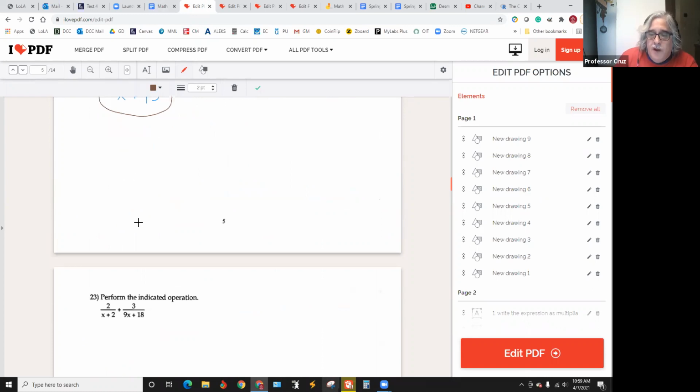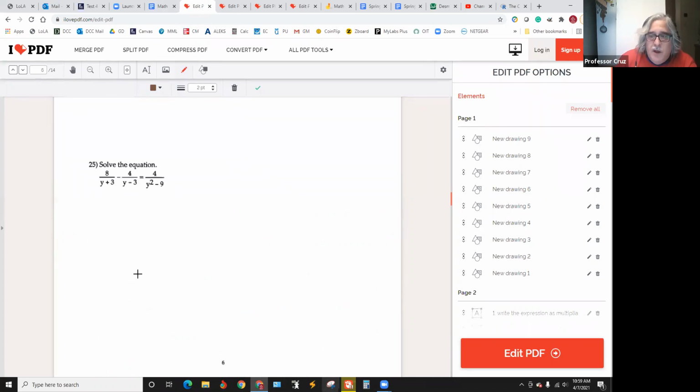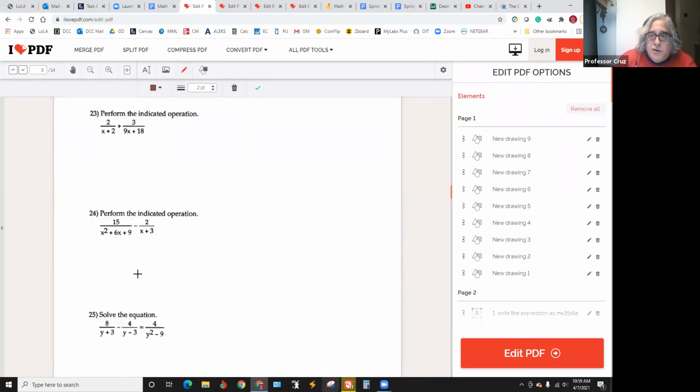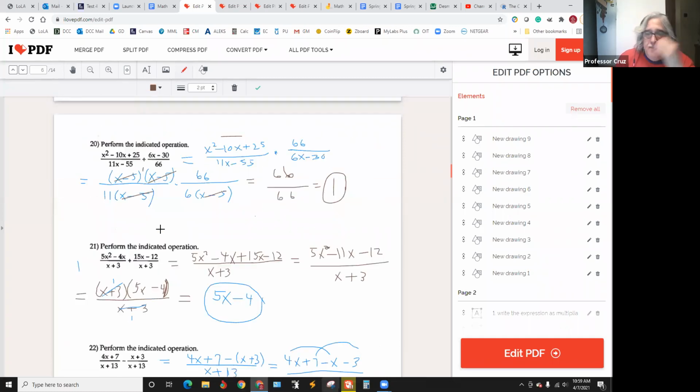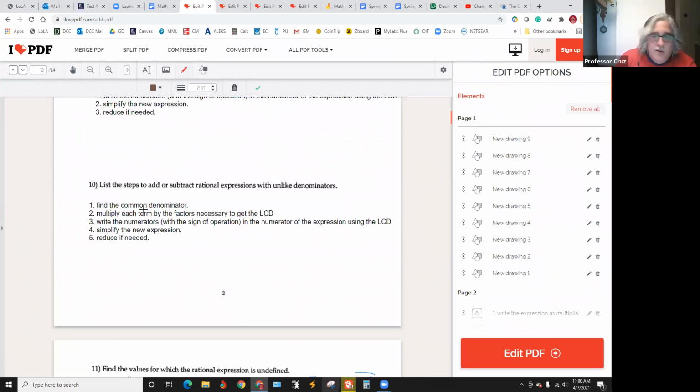So we got to figure out on these two what the common denominator is. Now, you're also going to need to know how to do that with the equations, but let's just go back up here and look. Find the common denominator. Usually that means factoring them. If you factor expressions, it's easier to see the common denominator. If it's just numbers, you don't always have to do that, but it can help.